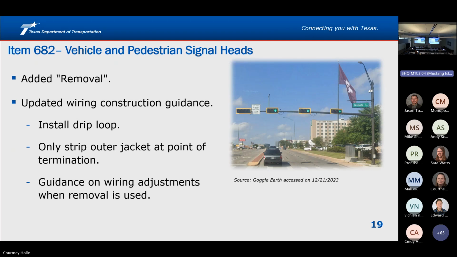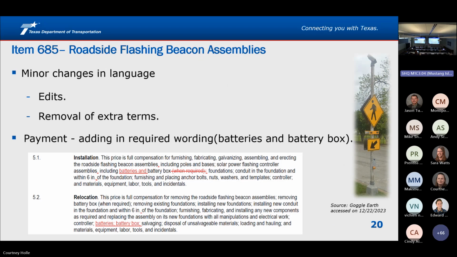Item 682, vehicle and pedestrian signal heads. Added the removal of the signal heads, updated wiring guidance. And then item 685, roadside flashing beacon assemblies, minor changes in language.